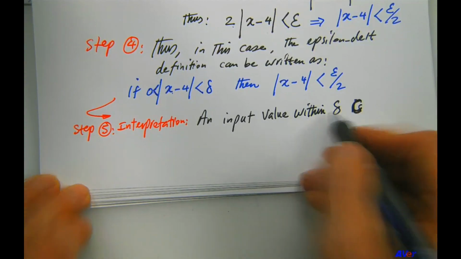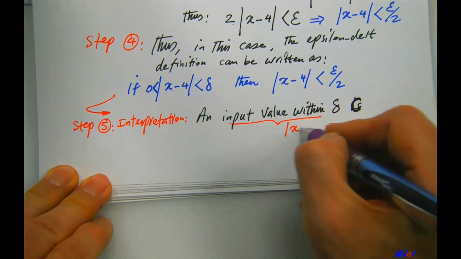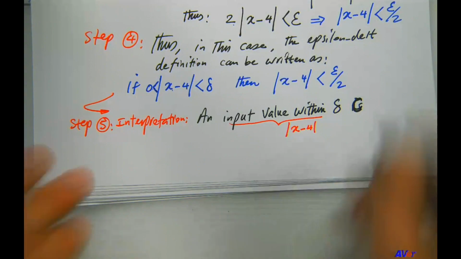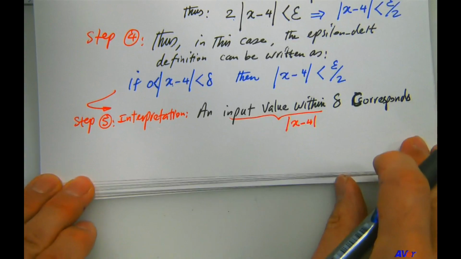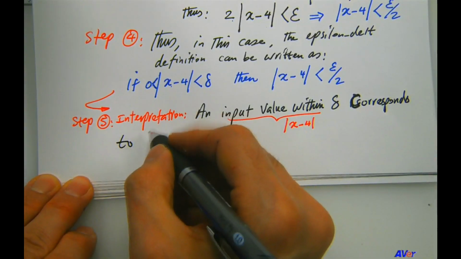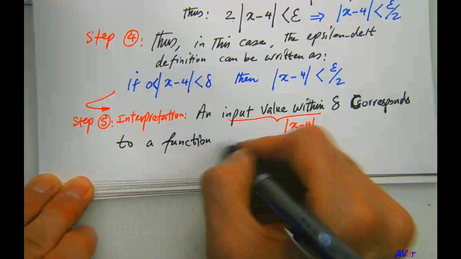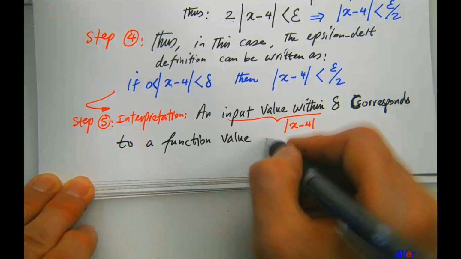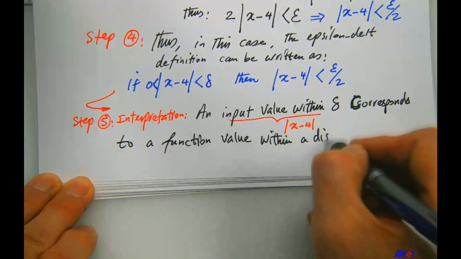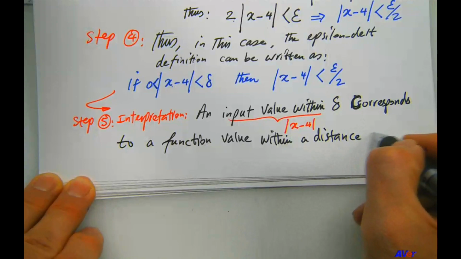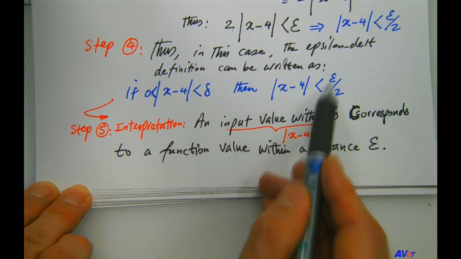So this input value, let me make this clear: the input value within delta is the absolute value of x minus 4. Okay, it corresponds to the function value within a distance epsilon. Right there, it corresponds with half of epsilon.